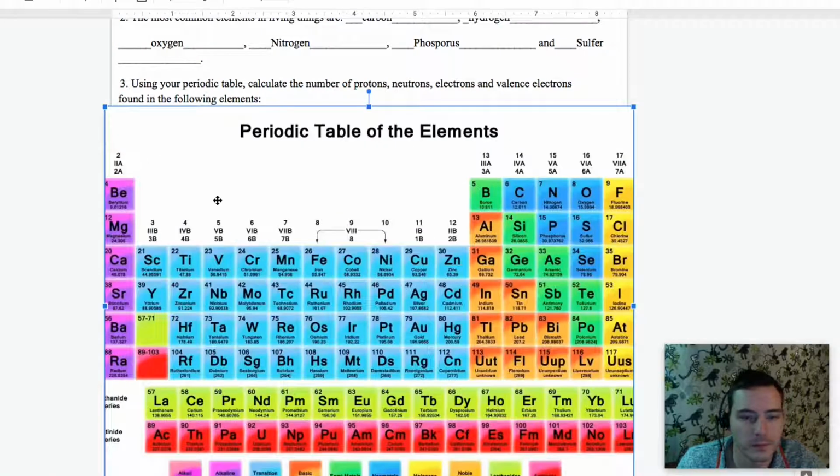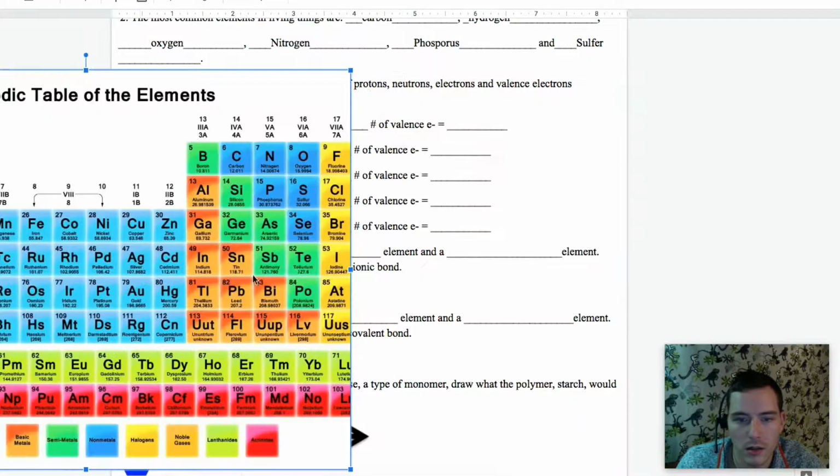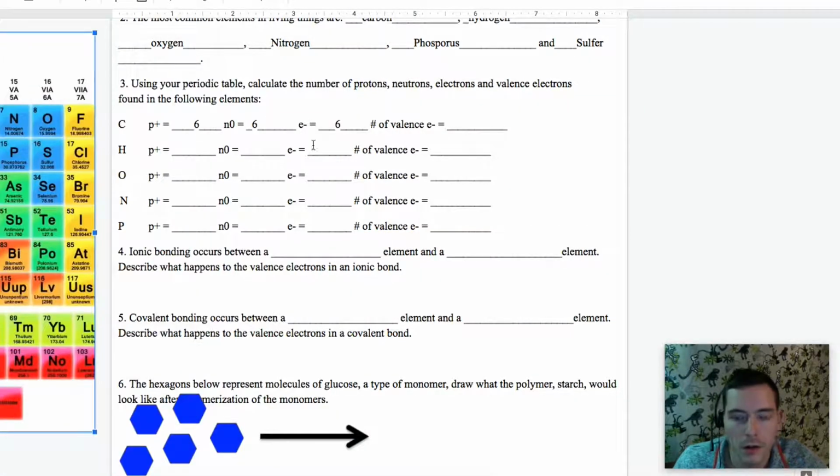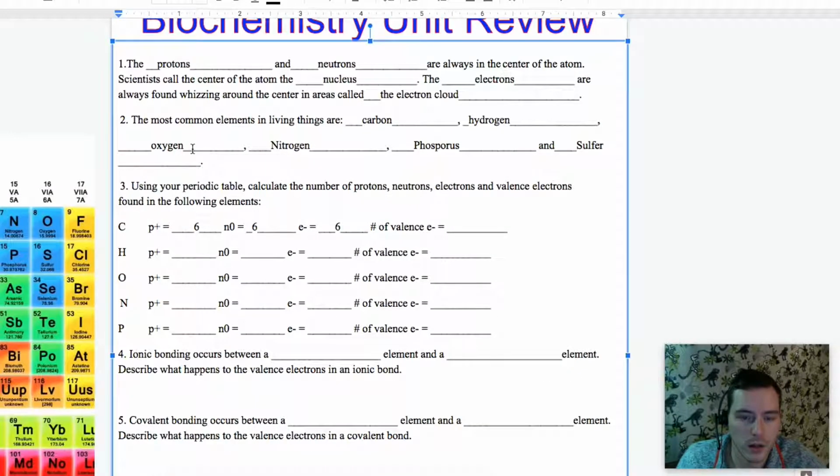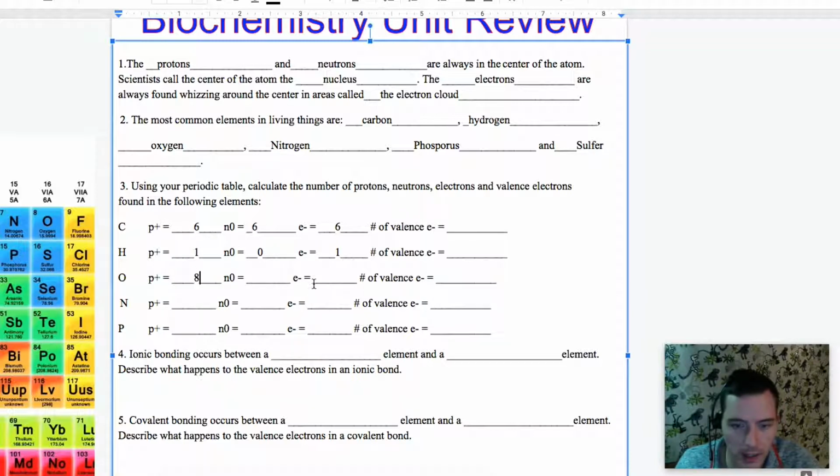Hydrogen is the number 1. So it's got 1 proton, 1 electron. It's got a mass of 1. So 1 minus 1 is 0. Oxygen, 8 and 8. It's got a mass of 16. So 16 minus 8 is 8.